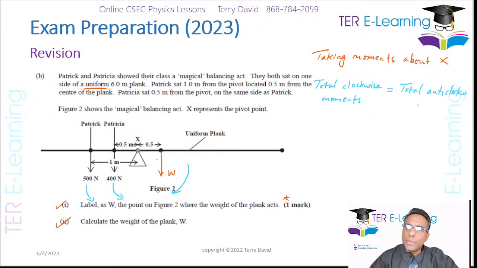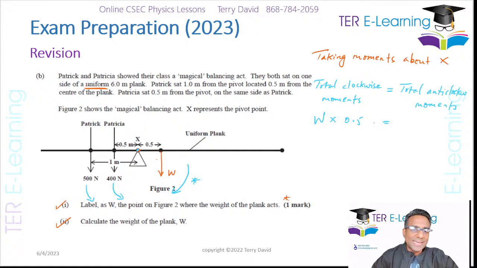I can't fit the whole way there, but since you've already identified what is clockwise and what is anti-clockwise, clockwise is anything that rotates in the same direction as a clock. I've had students ask me what is clockwise and what is anti-clockwise. In this case, this W is producing a clockwise moment. So you take the weight of the plank and multiply by the distance from the pivot, which is 0.5. If you look at the diagram, that's the only clockwise moment that you have.